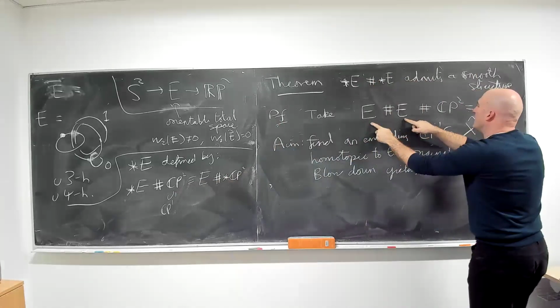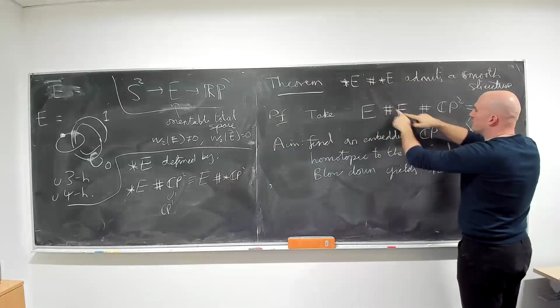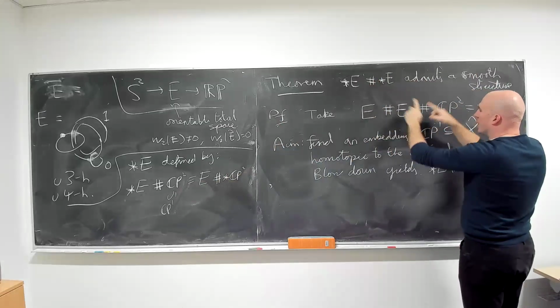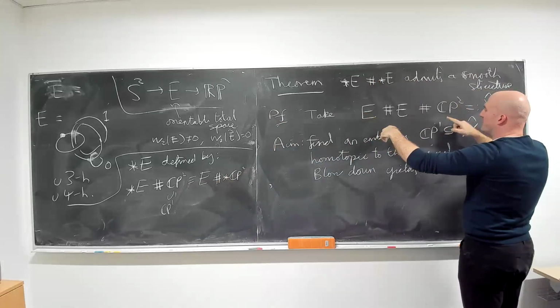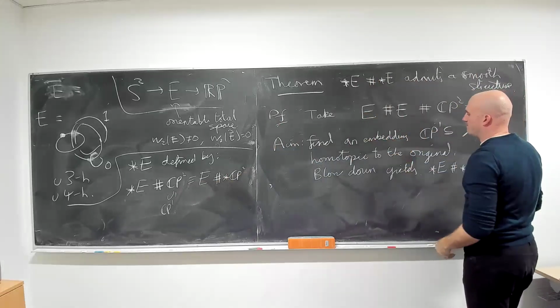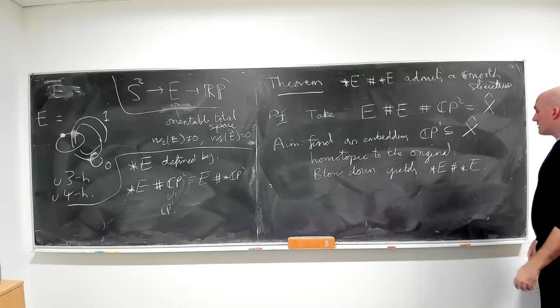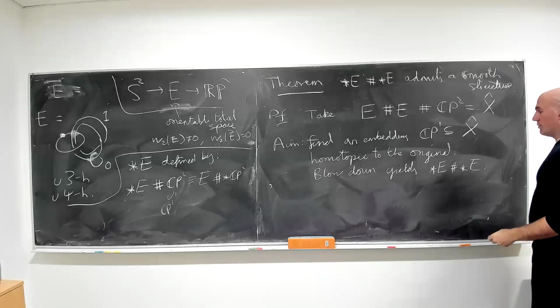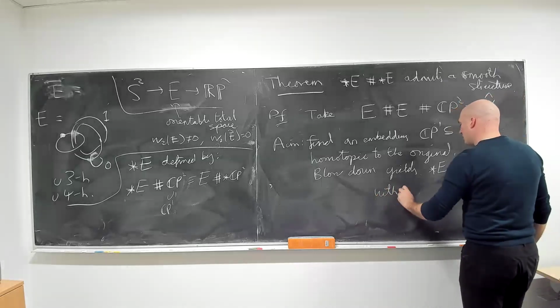But what we're trying to do is just take 1 CP2 and do the procedure all in one go to the double thing, and do it in an entirely smooth way. So that's the idea of the proof, and then with a smooth structure.